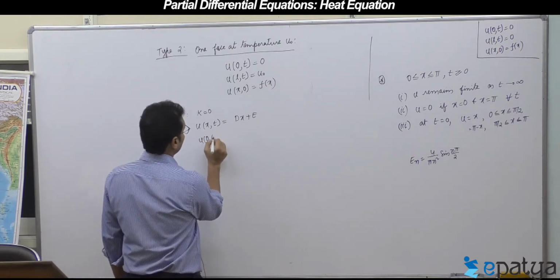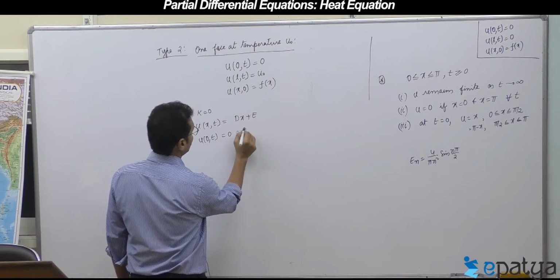U of 0 comma t is given to be 0 equal to e.